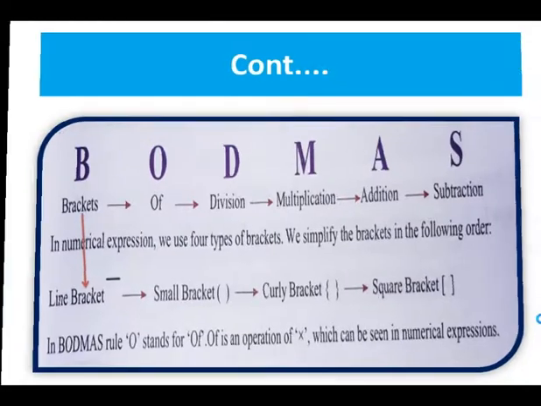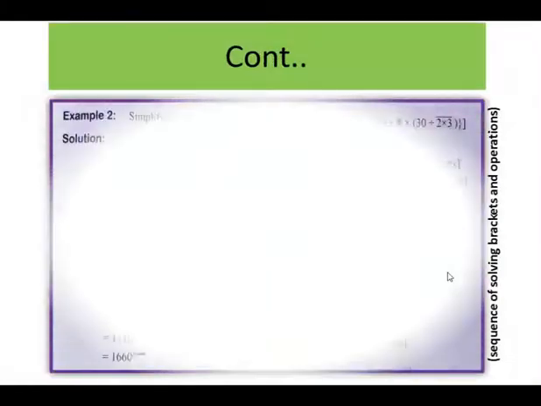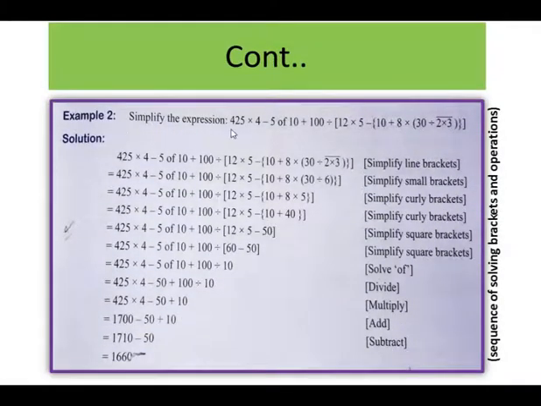Then here we have taken an example of how we have simplified the given expression. So here you can see we have simplified the line bracket first, and then we have simplified the small bracket. Line bracket: 2 into 3, you can see the line over 2 and 3, so 2 multiplied by 3, we have got 6.